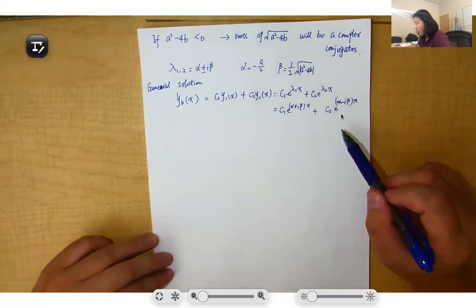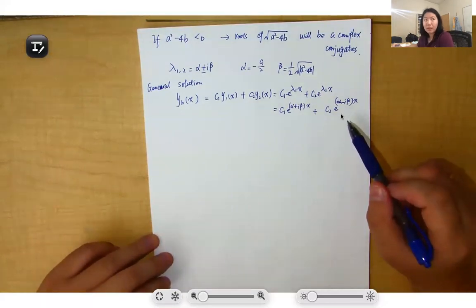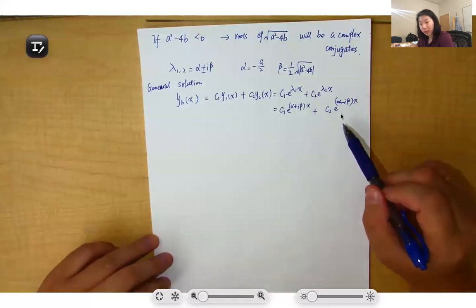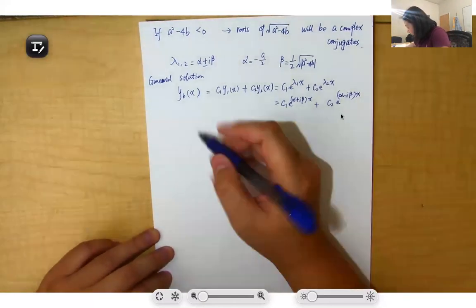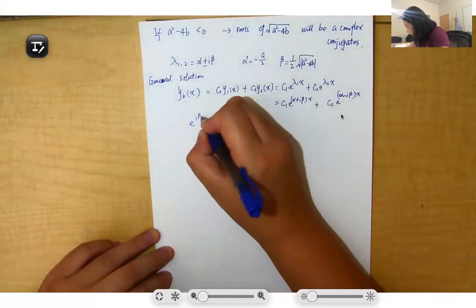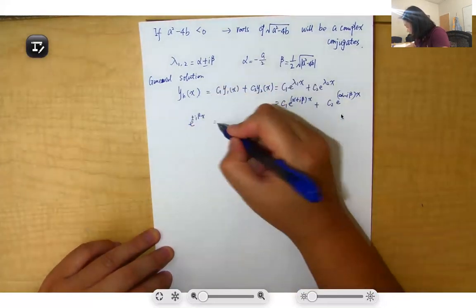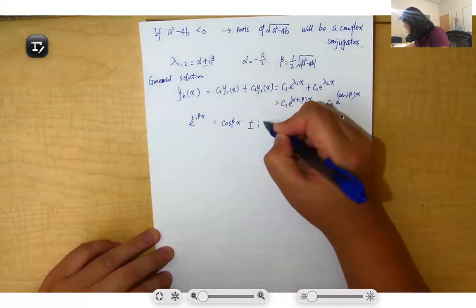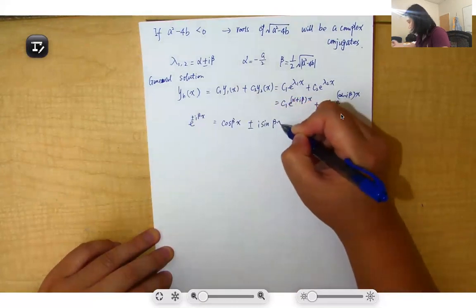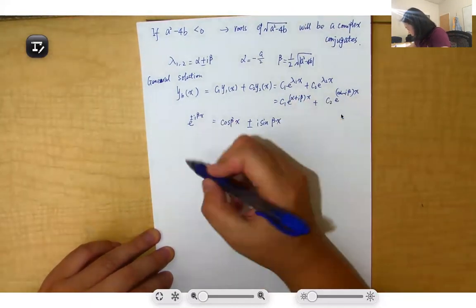We are also trying to write it in a sine and cosine way, so that it's easier to imagine what the physical model looks like, okay? So e to the plus or minus i beta x equals cosine beta x plus or minus i sine beta x.